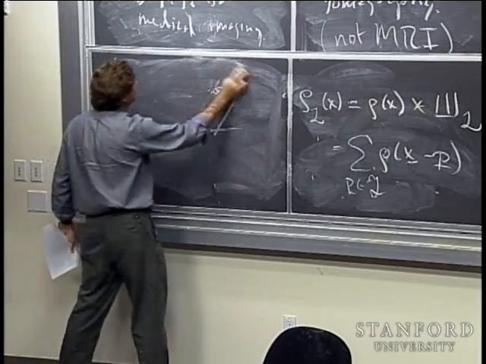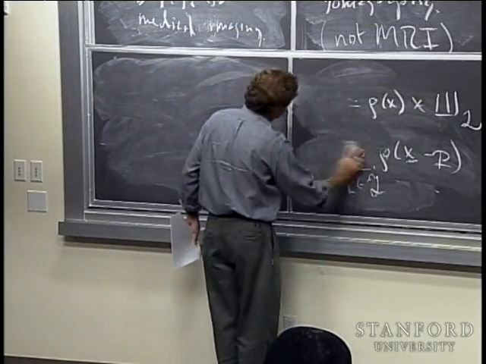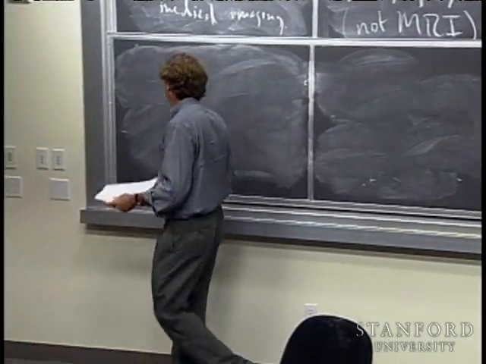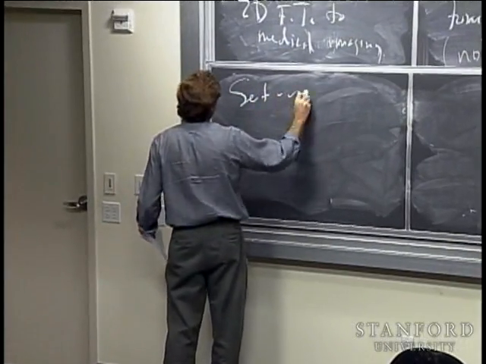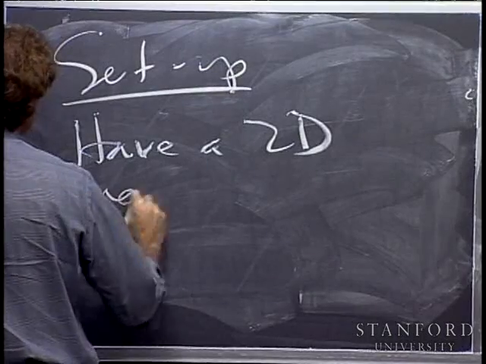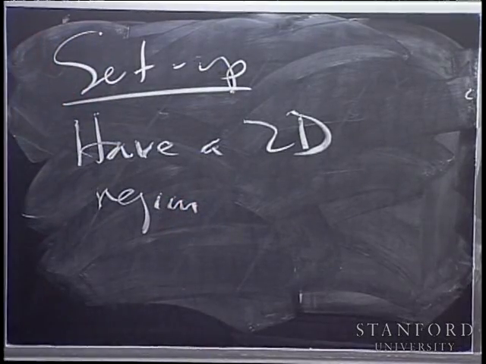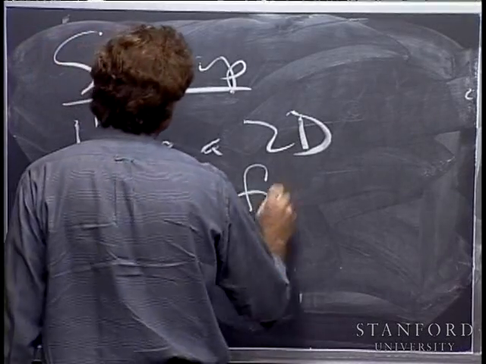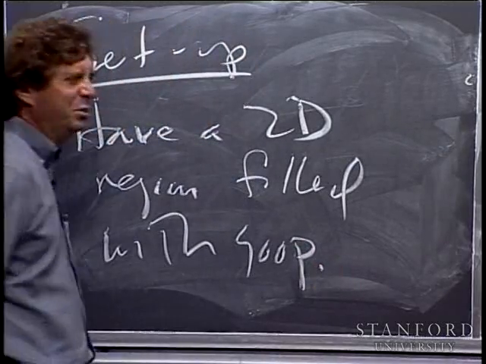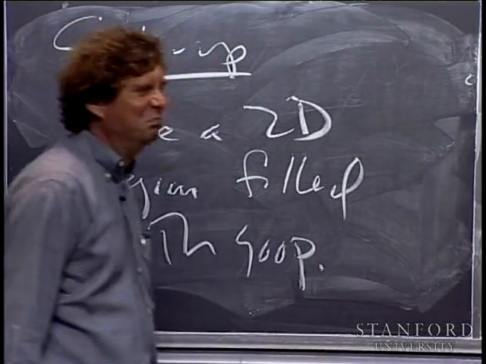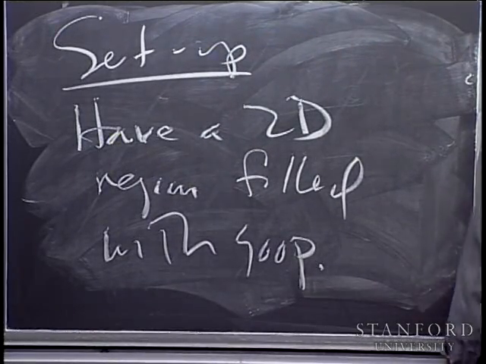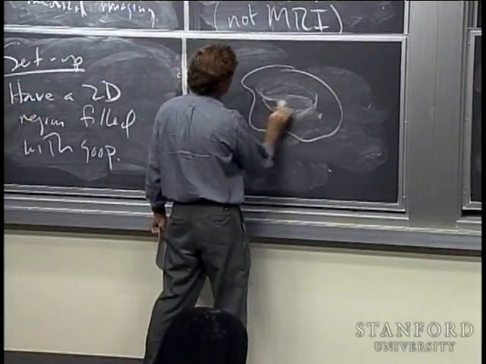Here is the basic setup. You have a 2D region, a two-dimensional region. Think of it as a slice of your body filled with goop. Blood, bones, organs, you know. There you are, and there's all that goop inside you.